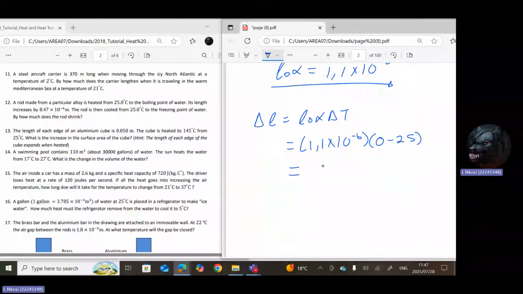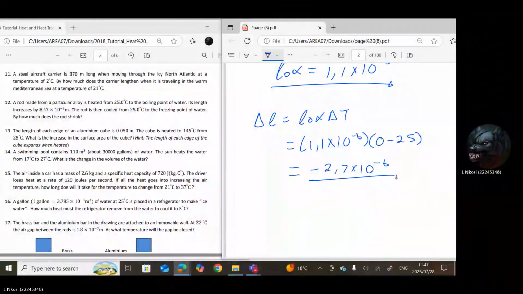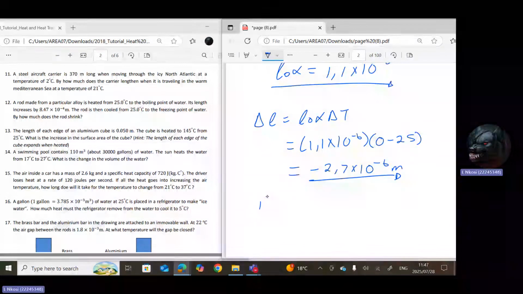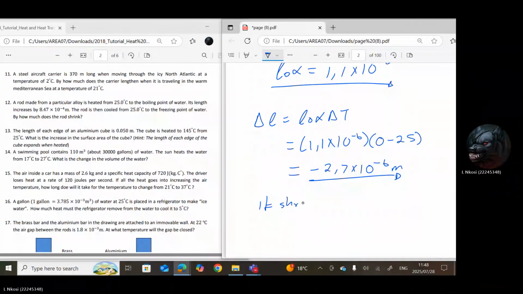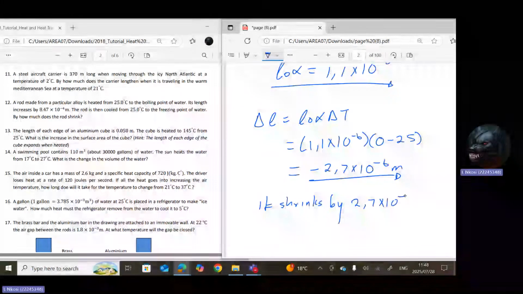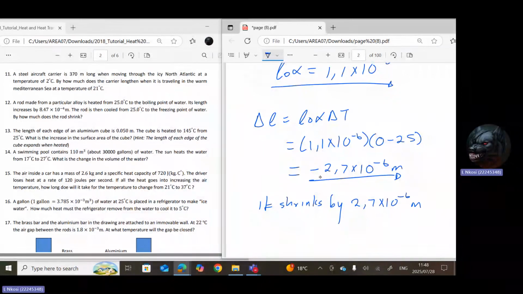Now I get minus 2.7 times 10 to the minus 6 meters. So it shrinks by 2.7 times 10 to the minus 6 meters. The negative change in length means shrink.